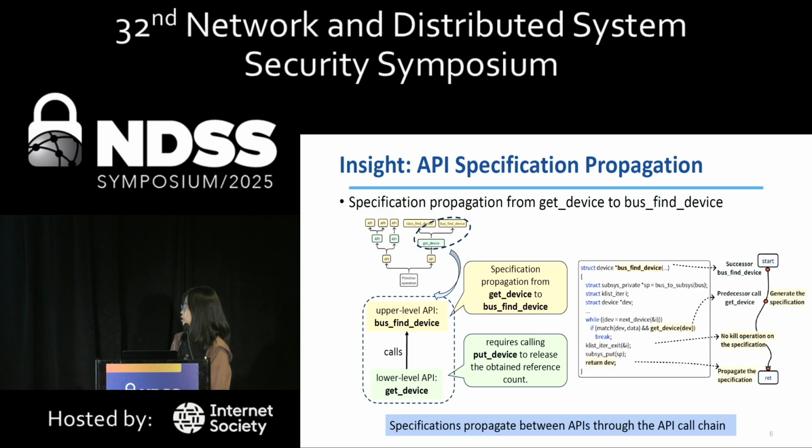Here, dev is the return value of bus_find_device. And third, there is no intermediate operation that disrupts the propagation. So here, between the call to get_device and the return of bus_find_device, no other operation affects the critical variable. Therefore, the specification propagates.